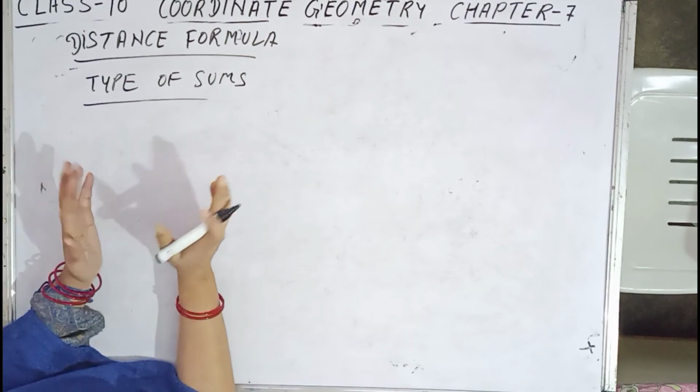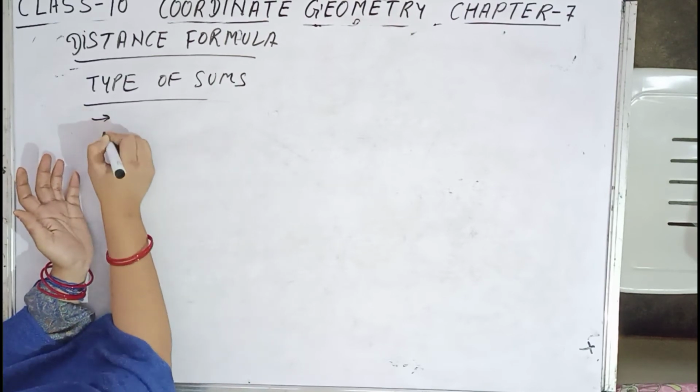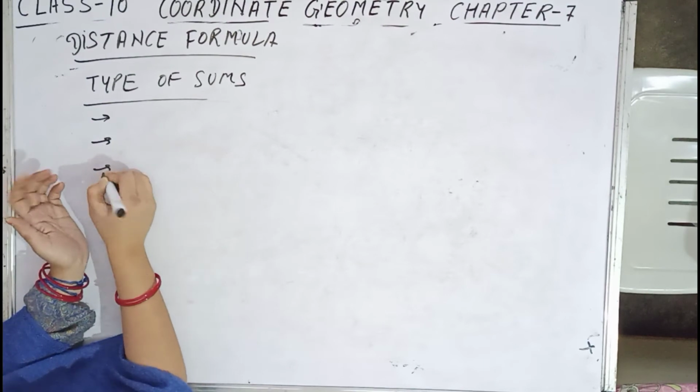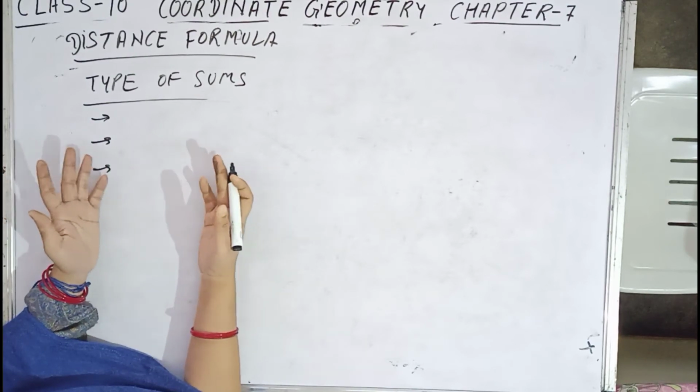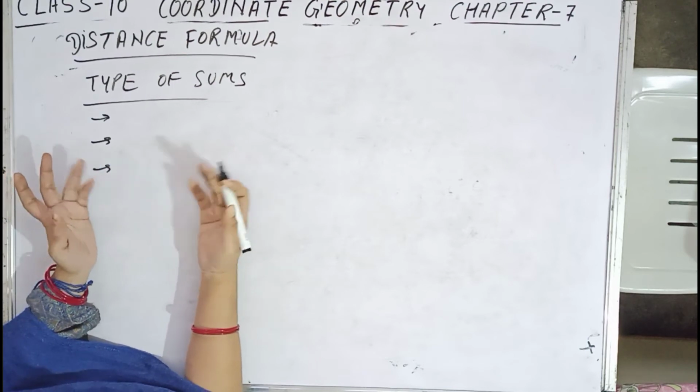So for those types of sums, the first type is direct use, the second type is collinearity, and the third type is to prove that the given figure is a rectangle, square, isosceles triangle and so on.